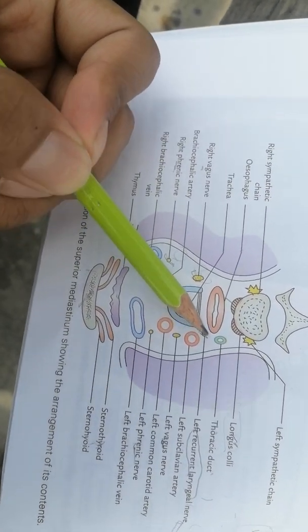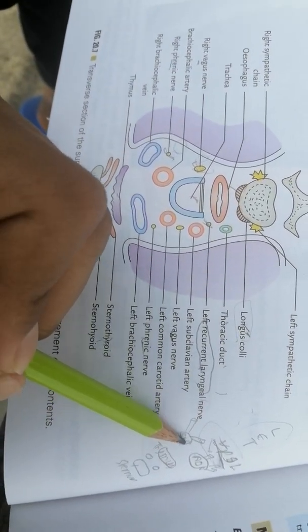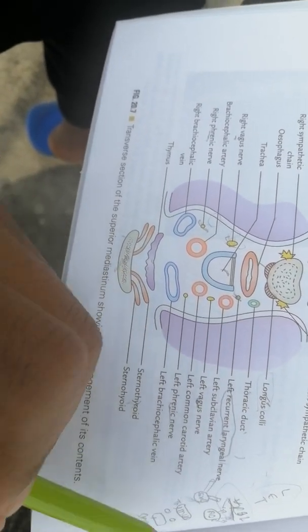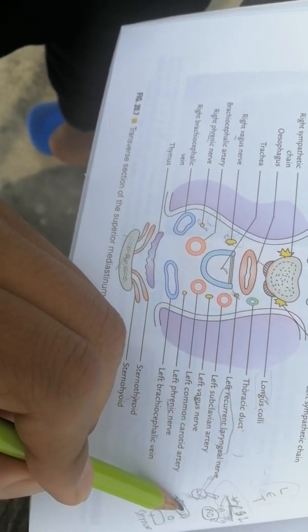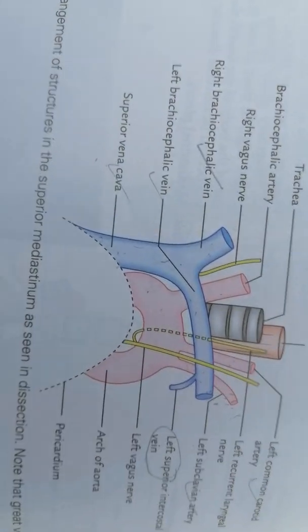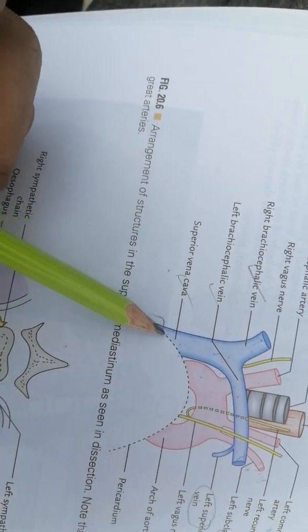Now coming again downward, that is SVC and arch of aorta, that is superior vena cava and arch of aorta. First of all, talking about the veins, you can understand from this diagram, the left brachiocephalic vein and right brachiocephalic vein drain into the superior vena cava, and the left superior intercostal vein and thoracic duct drain into the left brachiocephalic vein.